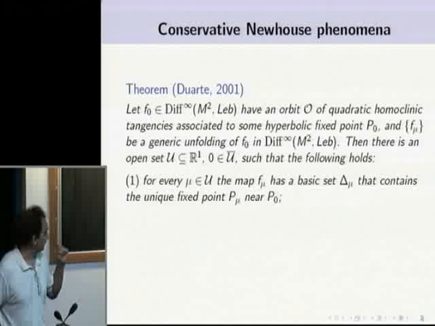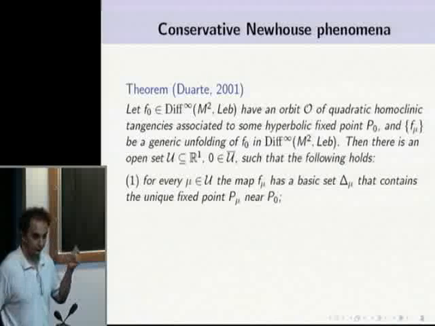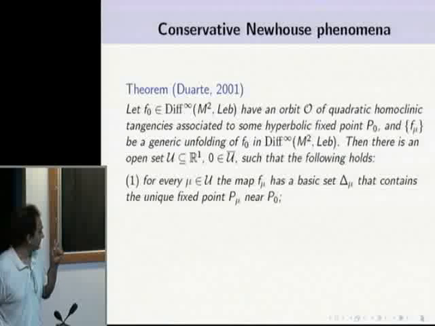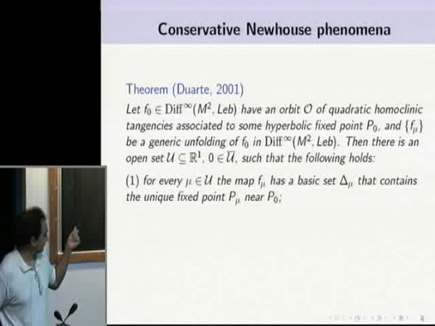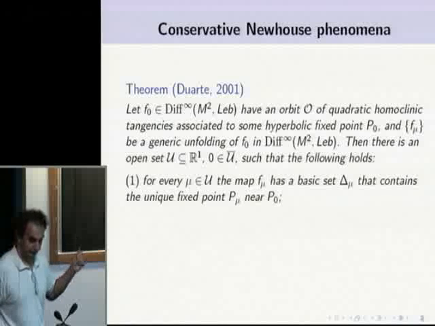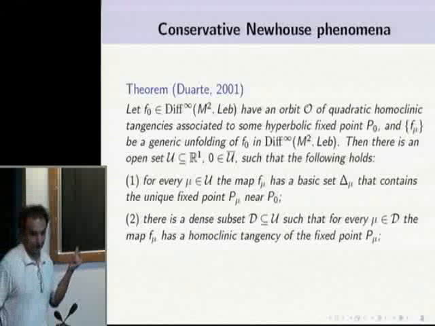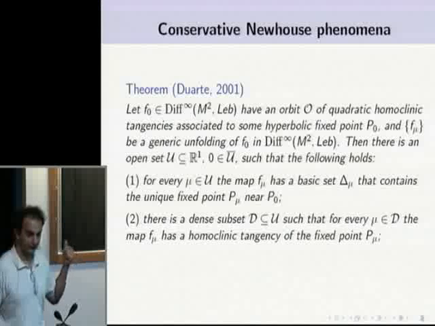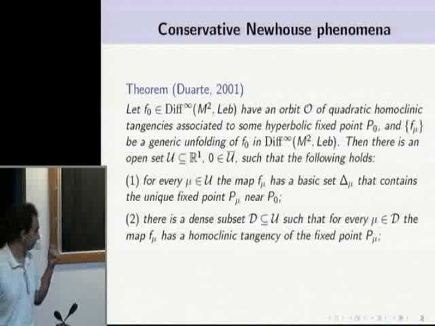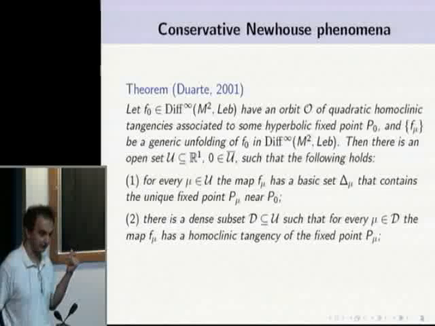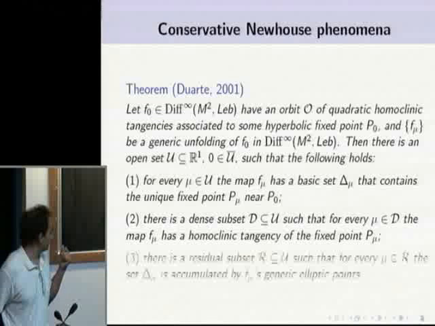diffeomorphism with that parameter will have a horseshoe that contains the continuation of the initial hyperbolic saddle, such that you have persistent tangencies associated to that horseshoe, and in particular, the homoclinic tangencies that correspond to the continuation of the initial saddle are dense in the space of those parameters.